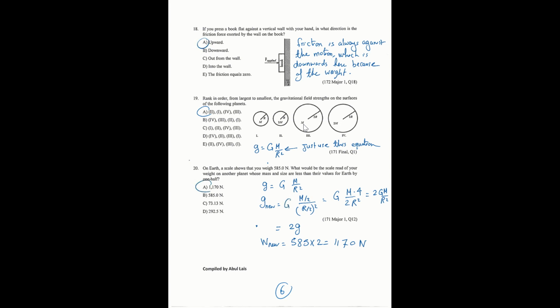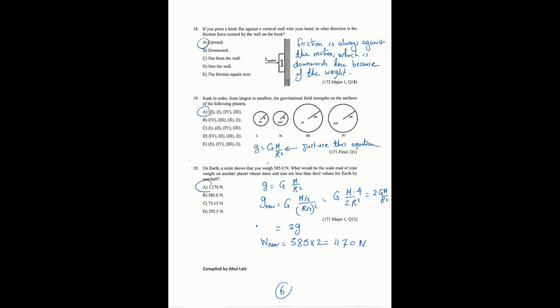For the third one, it becomes M and 2r all squared. Remember, it's 2r all squared. And for the last one, it becomes 2M over 2r all squared. You have to write these four equations and then compare them, and then you need to rank from largest to smallest. If you do that, you will find 2, 1, then 4, and then 3.